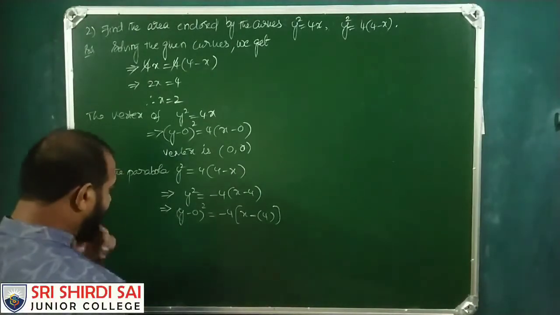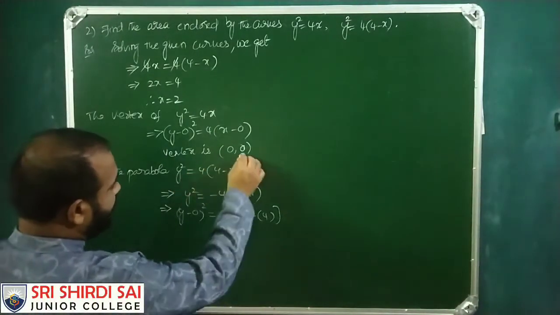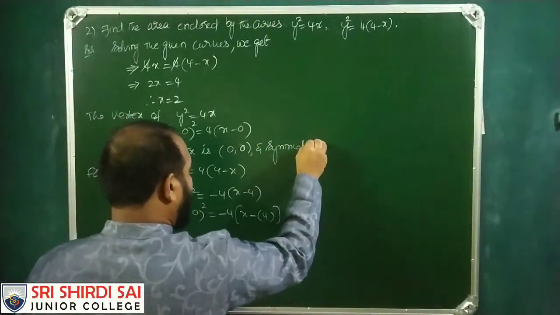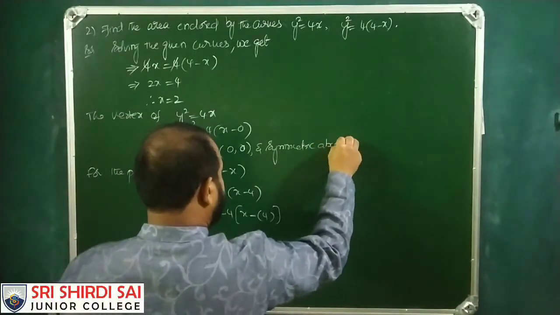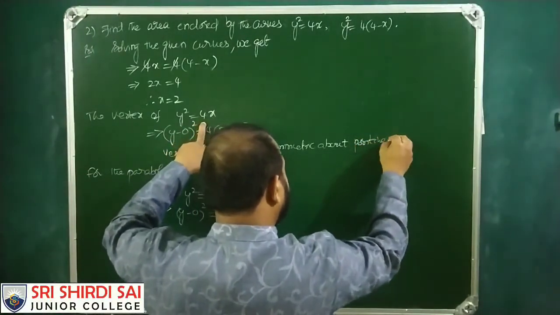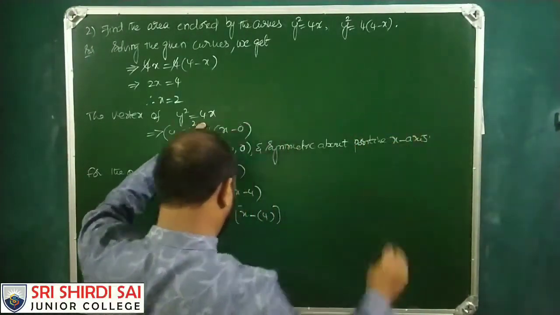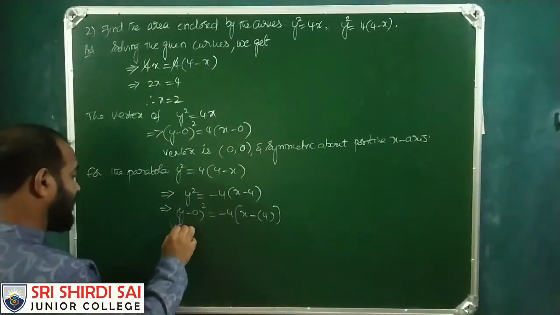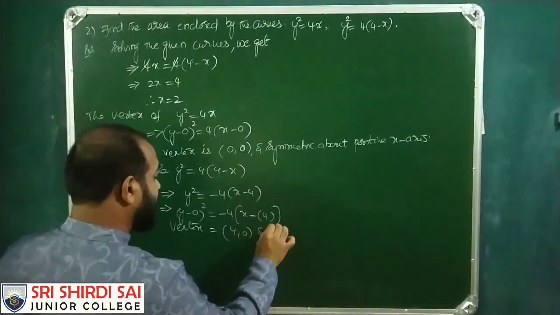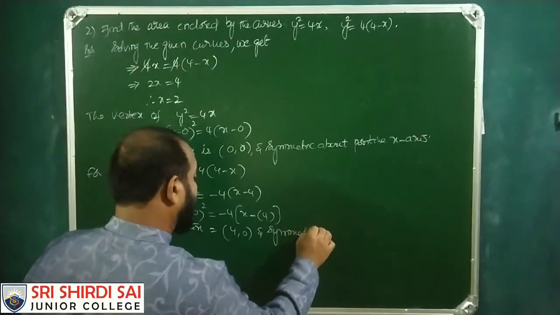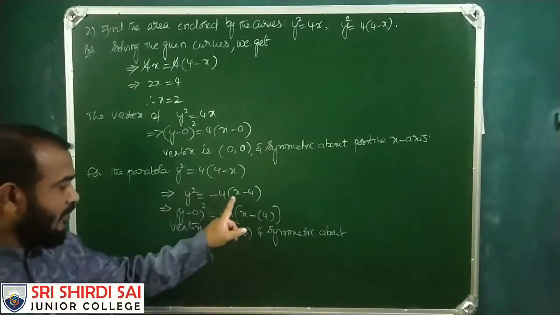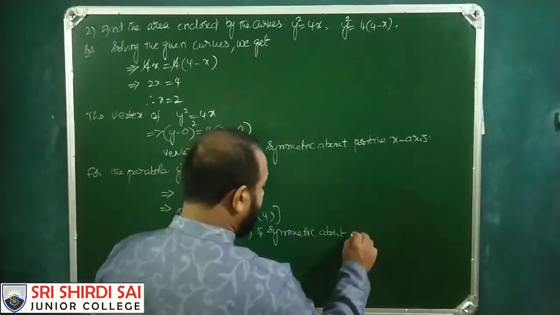So for the first, the vertex is 0 0 and it is symmetric about the positive x-axis. Here the vertex is 4 comma 0, and since y power is even, it is symmetric about the x-axis, opening toward the negative x-axis.